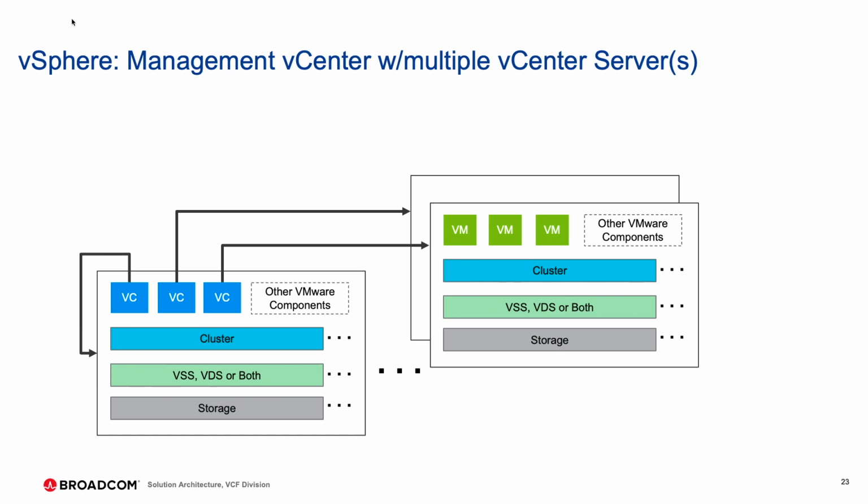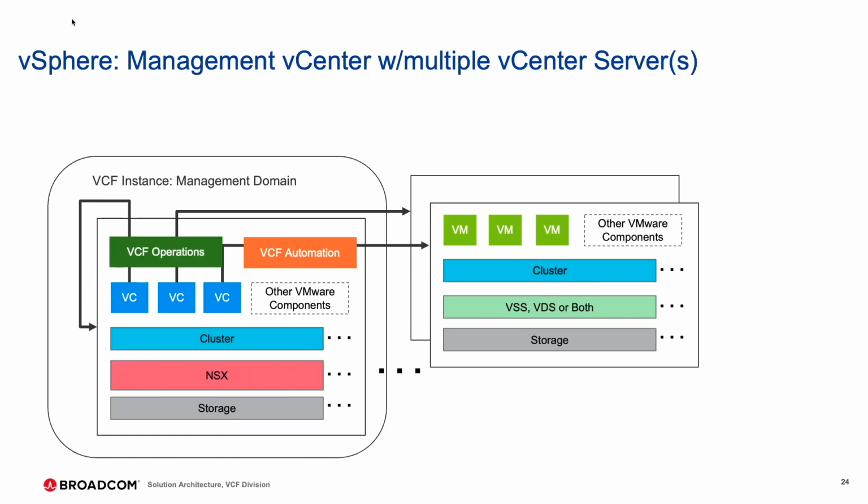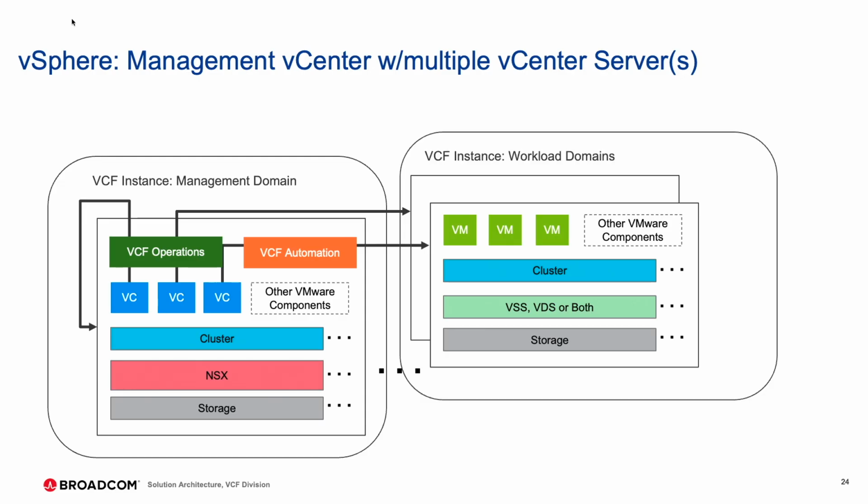So the progression is a lot similar here as well. The very first thing that happens is you pick the vCenter that you want to create your management domain, and as you do that, you get NSX, VCF Operations, and VCF Automation. After that, you start transitioning the rest of your vCenters as workload domains into this.